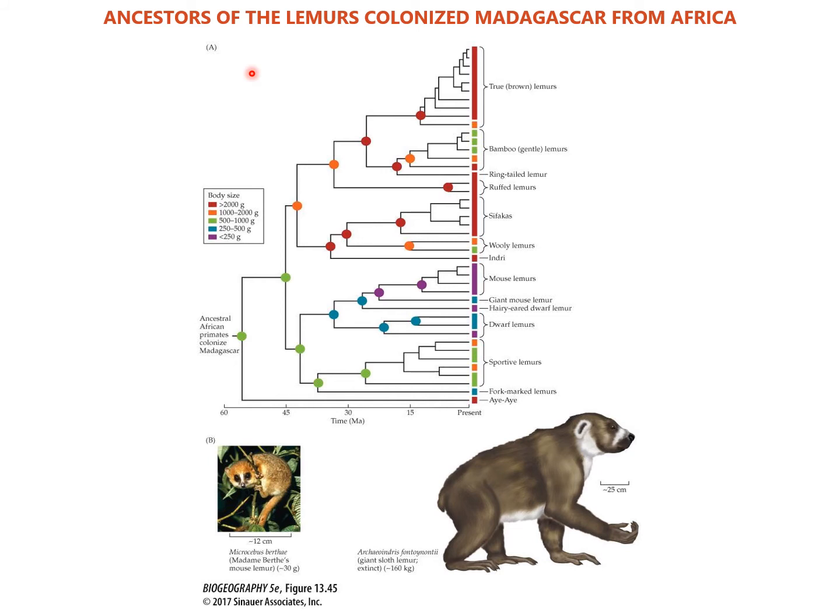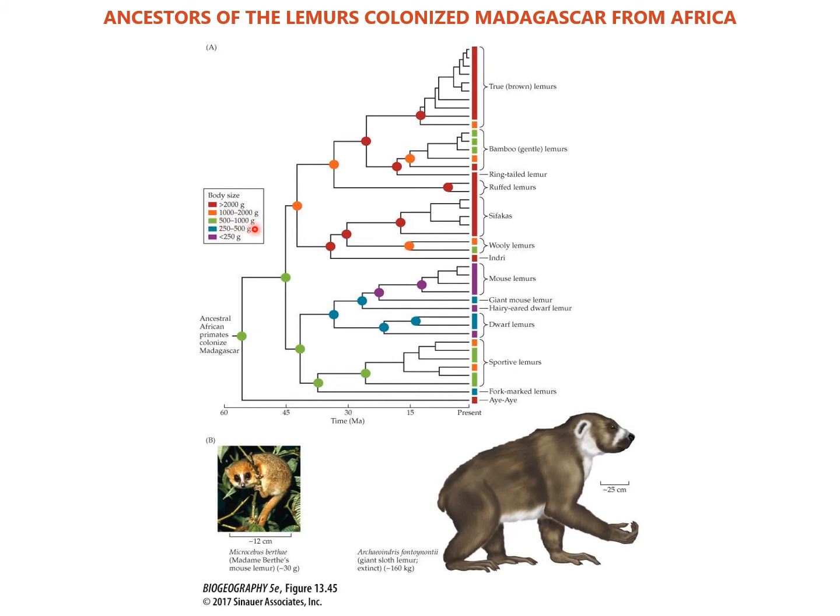Another characteristic that tends to change once organisms arrive on an island is the size of the organism. So here we're looking at lemurs, which colonized Madagascar from Africa. There was an ancestor that showed up, and we're seeing the body size here. It's about 500 to 1,000 grams.